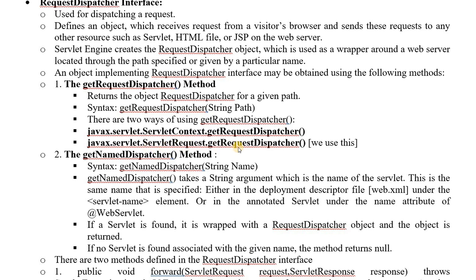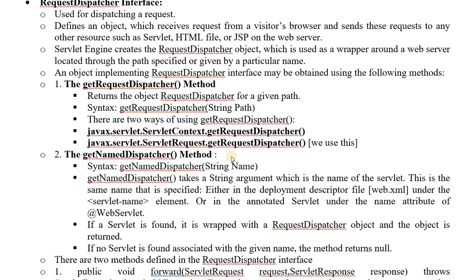So we always write request.getRequestDispatcher. In this, we are supposed to give the string path. Which path will we give? We will give the path of the file to which we are supposed to forward the request or to which we are supposed to include. Suppose I want to forward to welcome servlet, so I'll write welcome servlet in the string path, correct?